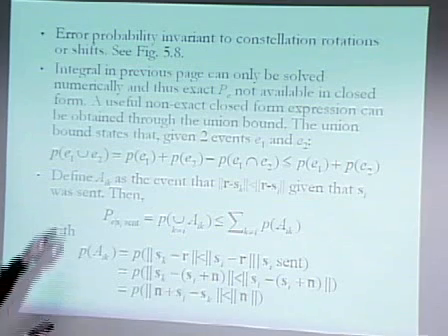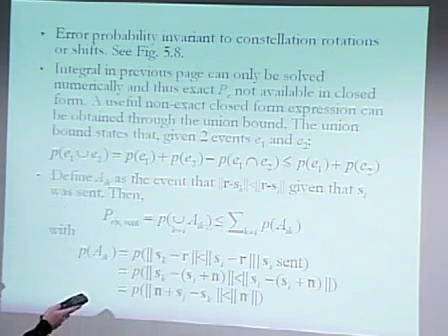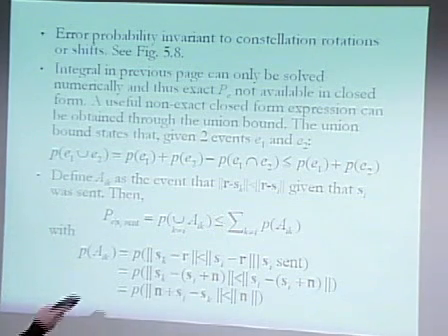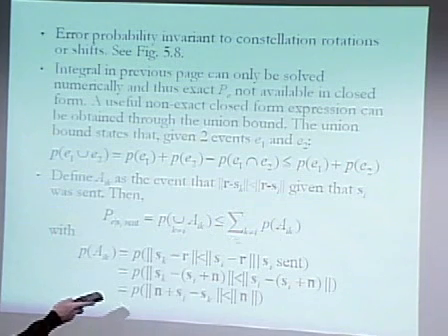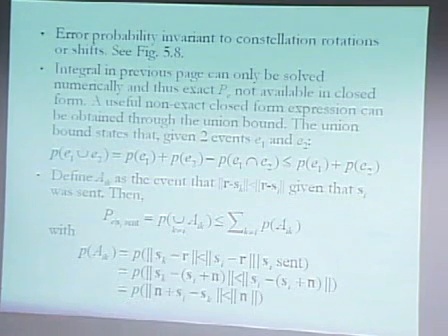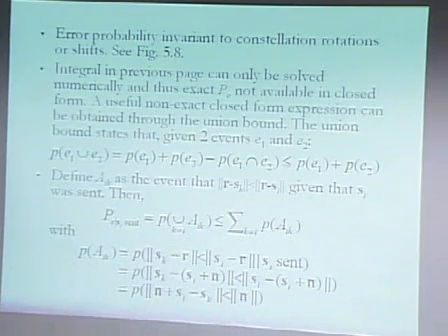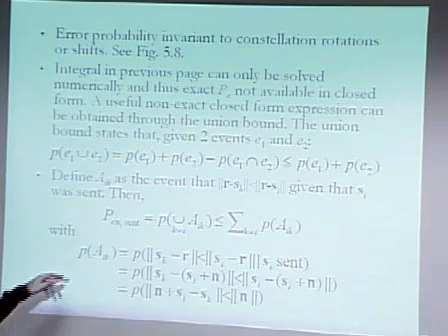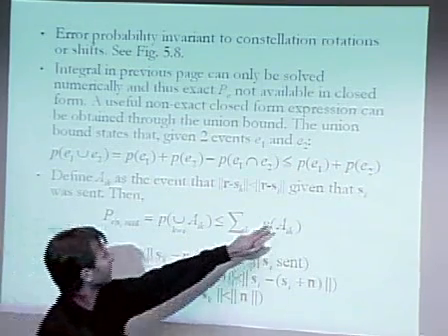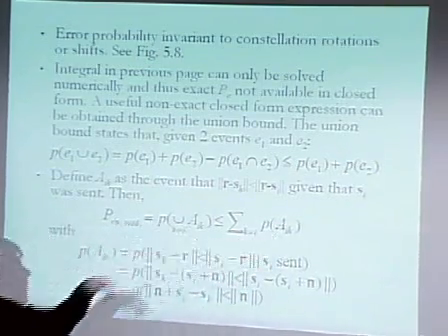Now, applying the union bound, we can upper bound this union as the sum of the individual probabilities of all these A sub ik, for all k going from 1 to m except for i. Now, let's study each of these probabilities individually, and then we'll put them together into the summation. Okay?